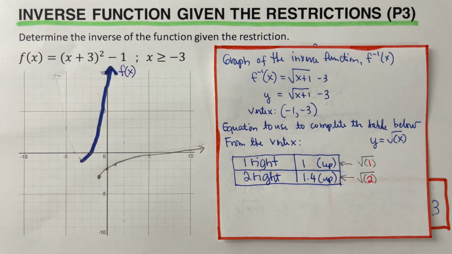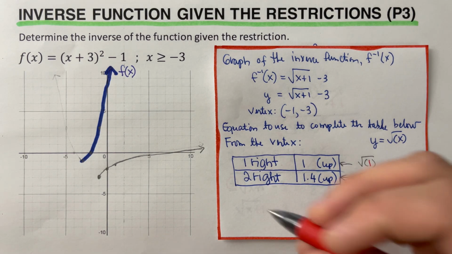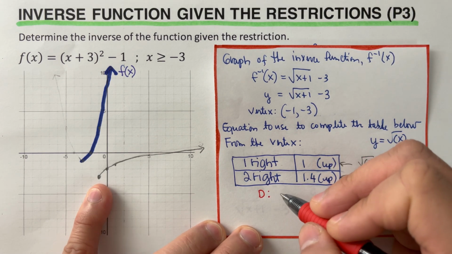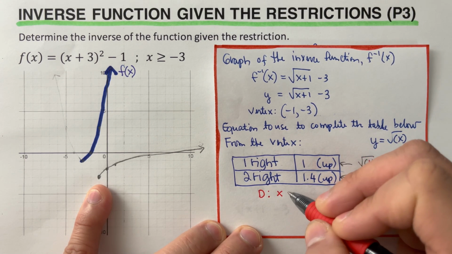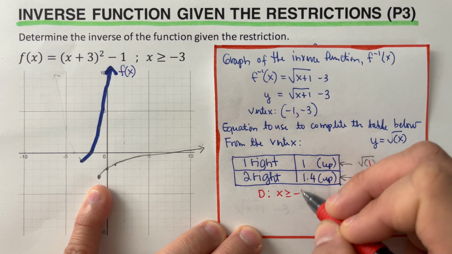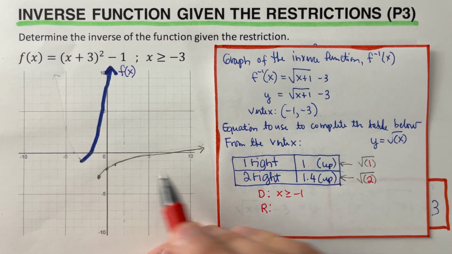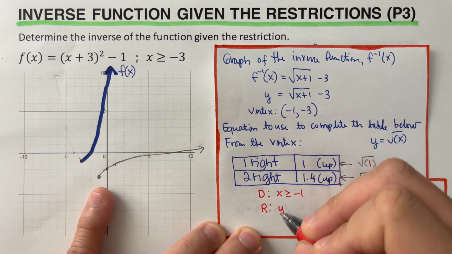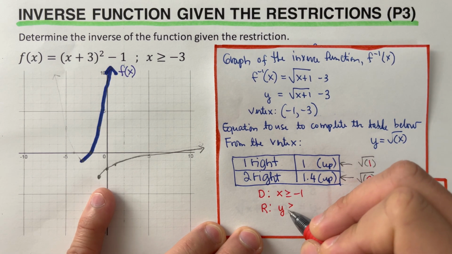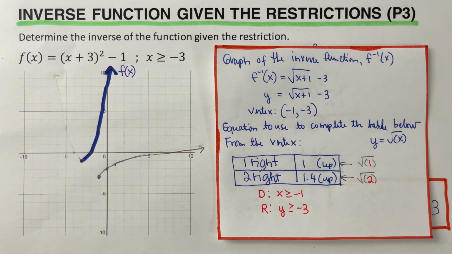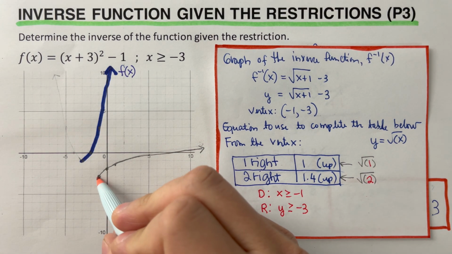Okay, so we go ahead and determine the domain for this graph. We can tell that our domain is x is greater than or equal to -1. And then the range for this graph that we have here is y is greater than or equal to -3. So let's change the color for this graph right here.